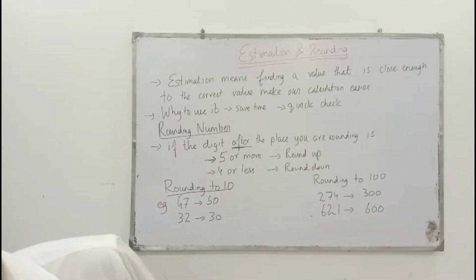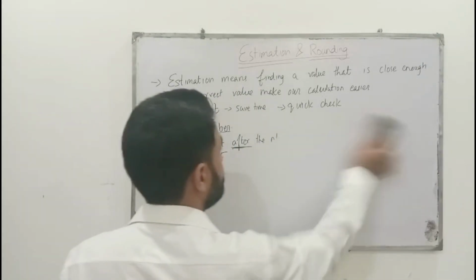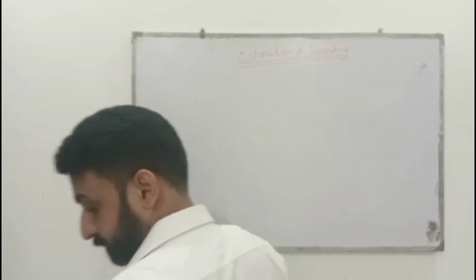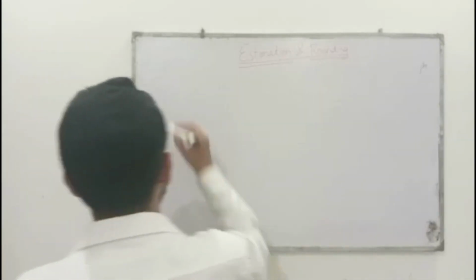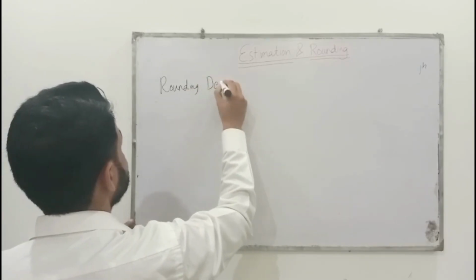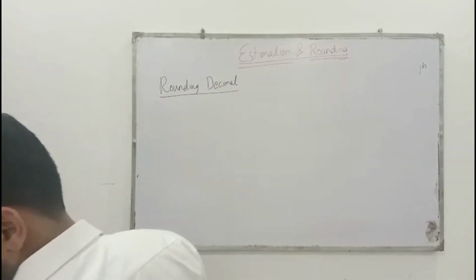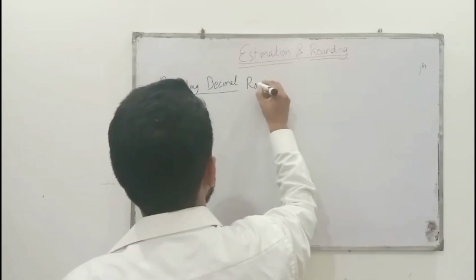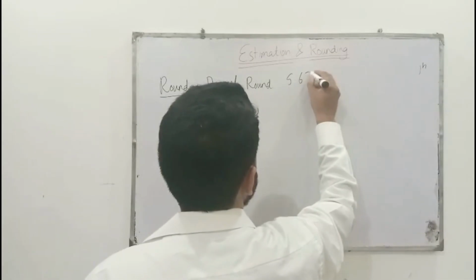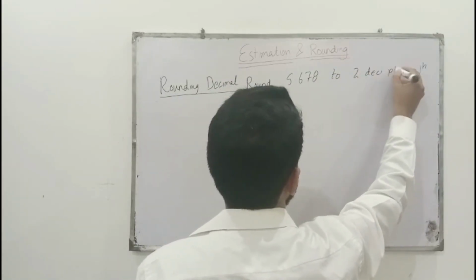Now we will do rounding a decimal. Round 5.678 to two decimal places.